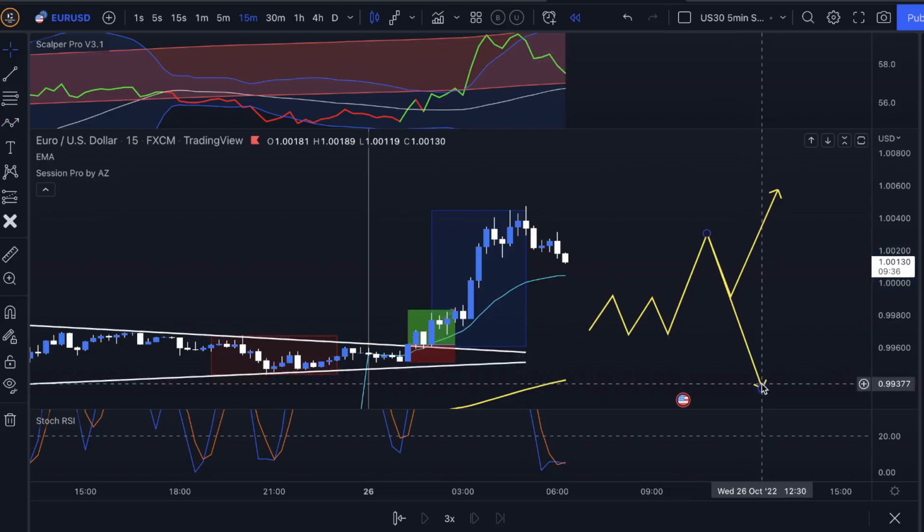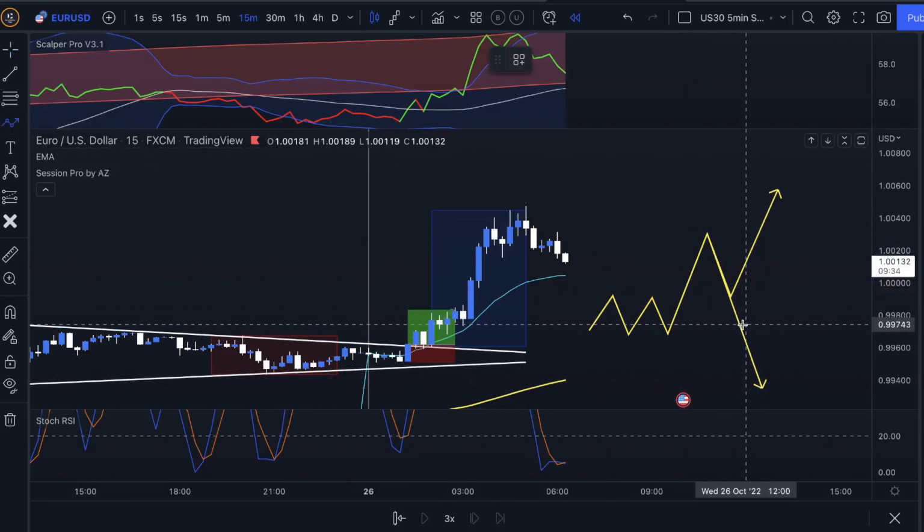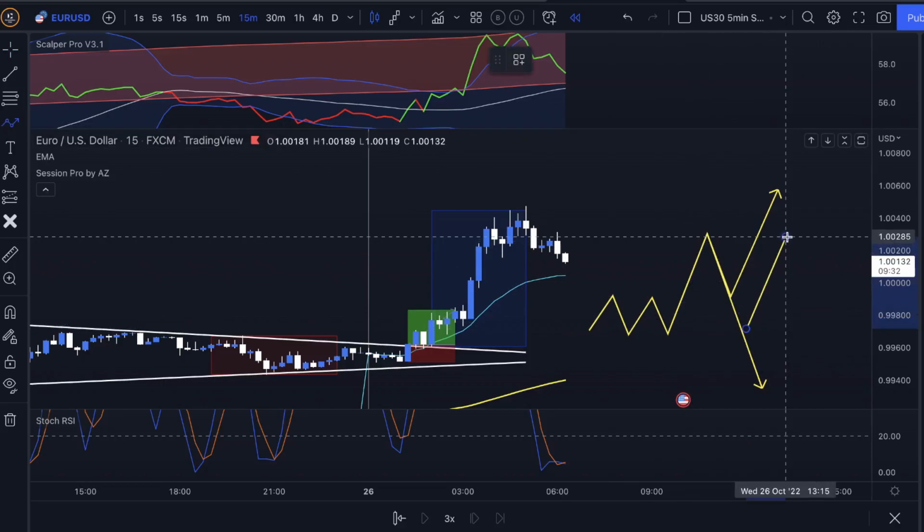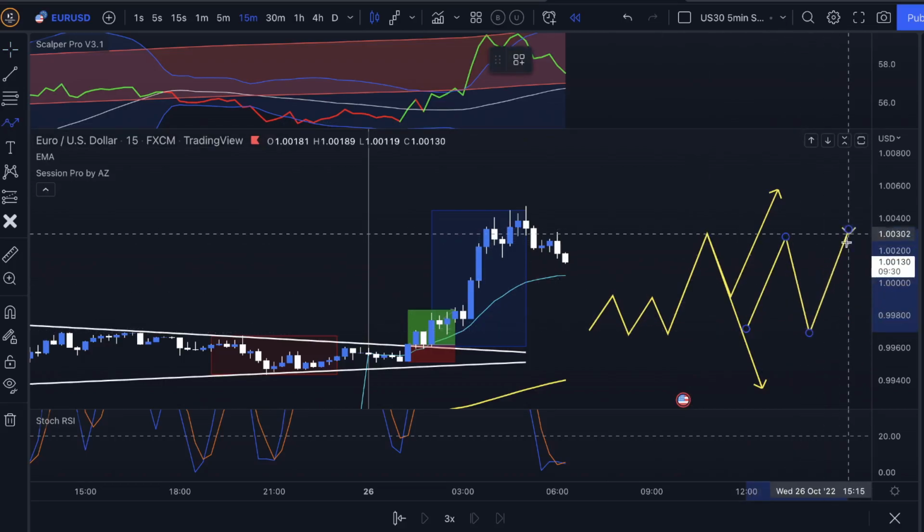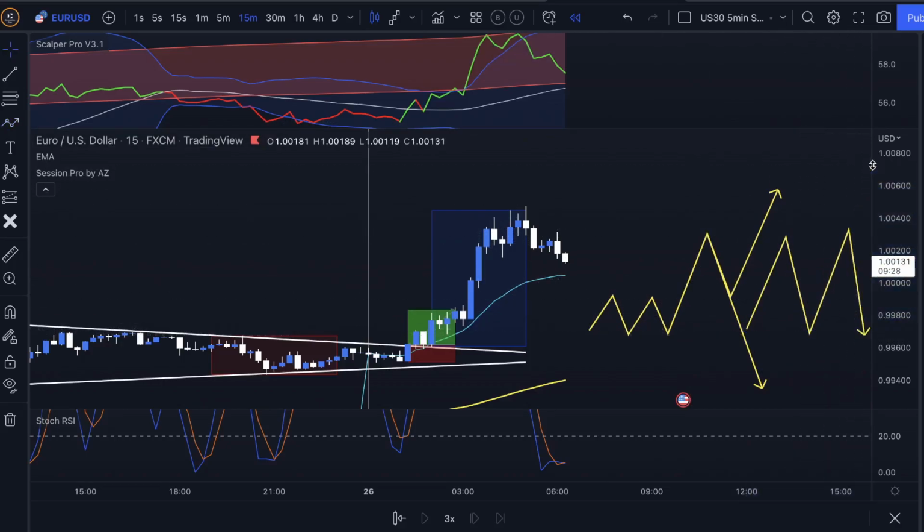Or it continues going into a trading range, an even bigger trading range, until it either breaks out, fails to break out, pulls back and reverses, or pulls back and continues with the initial trend direction. Markets don't do anything else. They break out, they pull back, they continue, they break out, they reverse for a false break reversal. Yeah, and that's basically it.